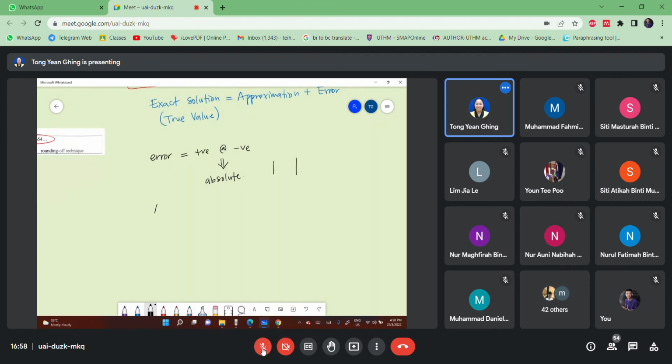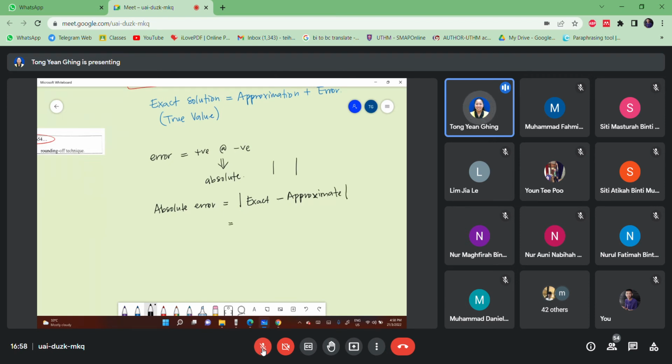So absolute error is equal to exact solution. Yang ni saya tulis exact sajalah, exact solution minus approximate. So in modulus. Macam ni lah.